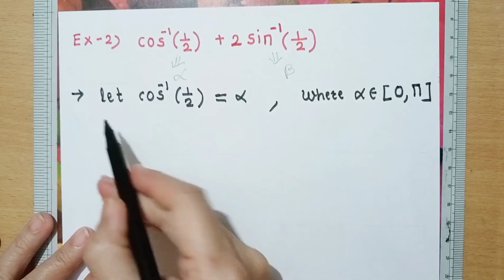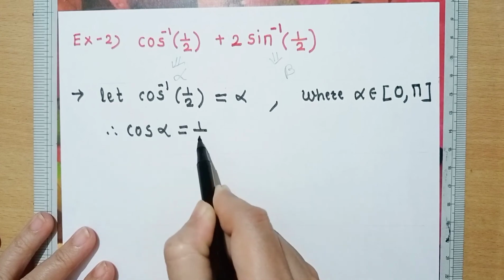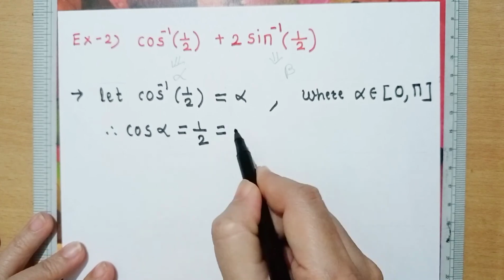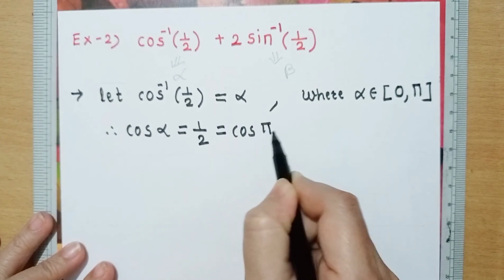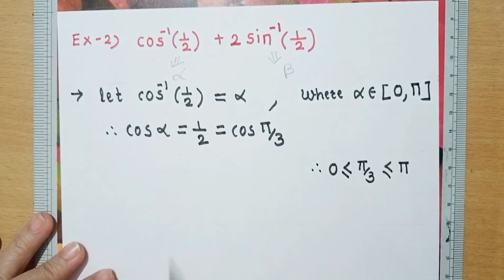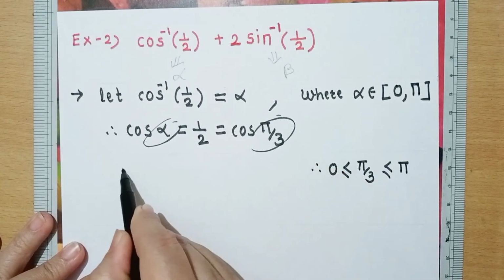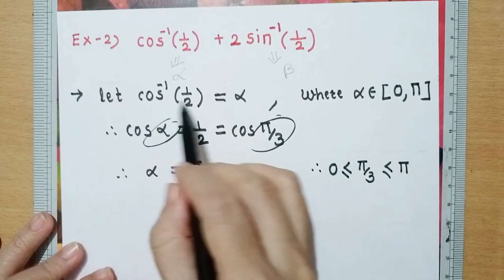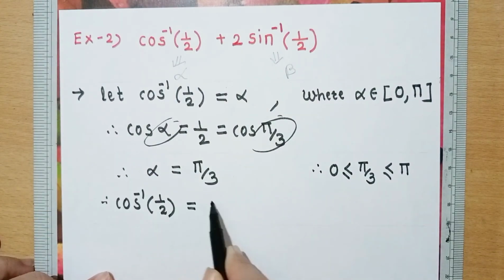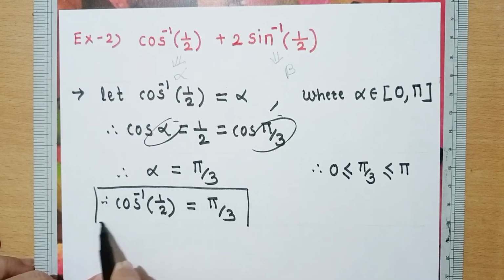Now move cos inverse there, and therefore we have cos of alpha equal to half, and we know that this half is the value of cos 60, means cos of pi by 3, and this pi by 3 lies between this, and therefore alpha equals pi by 3, and alpha means cos inverse of half equals pi by 3. So we have found the first value.